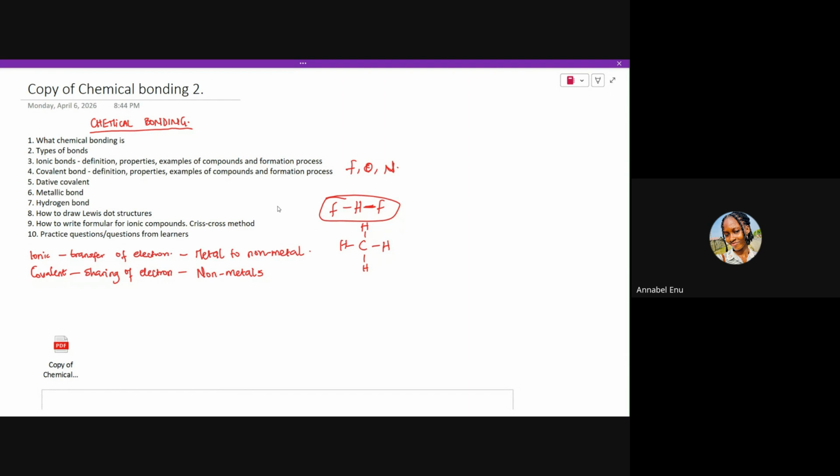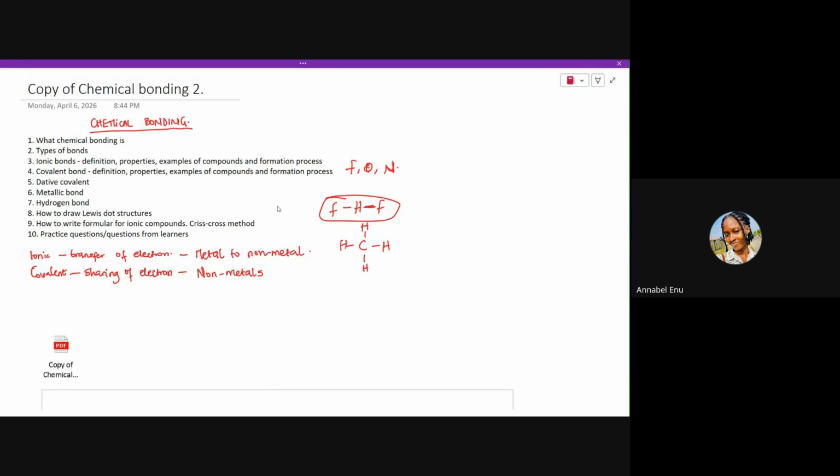Now we have dative covalent bond. Dative covalent bond also involves sharing, but the difference is that the sharing is coming from only one of the non-metals. In the first, simple covalent bonding, the sharing of electrons is between the two non-metals, and both are contributing in this sharing.